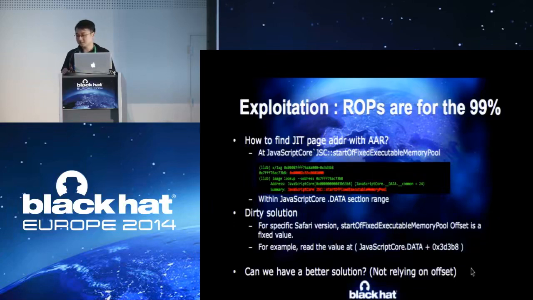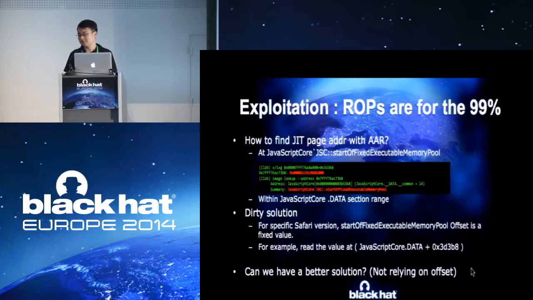Actually, you can see in the JavaScriptCore module there is a symbol called start of fixed executable memory pool, which will point to that JIT page, which is quite good. And you now have a solution: you can just use the offset, because on a specific WebKit version that offset will be fixed.